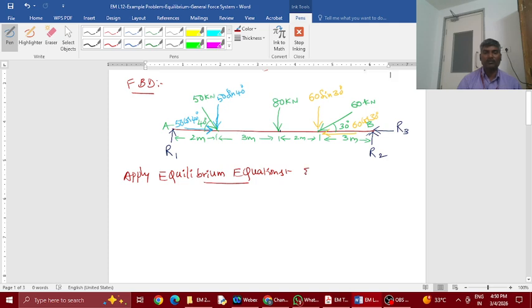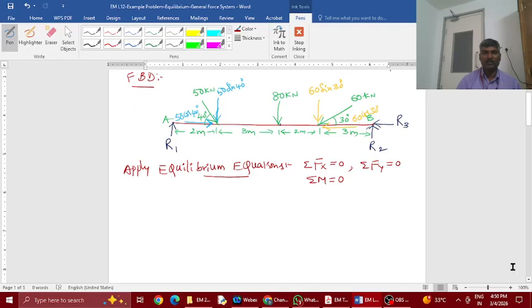So the first one is sigma Fx = 0. The second equation we apply is sigma Fy = 0. The third equation is sum of moments = 0. Okay, you can apply either this set of equations, or one force equation and two moment equations, or all three moment equations. So whichever set is okay for you, you can choose that set of equations, but three equations.